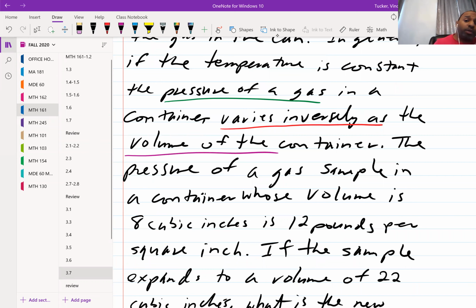So what comes before the varies is going to be our first variable. So that's right here, the pressure of the gas in a container varies. So pressure P, then after will be our next variable, varies inversely as the volume of the container. So that's why I got V for volume.